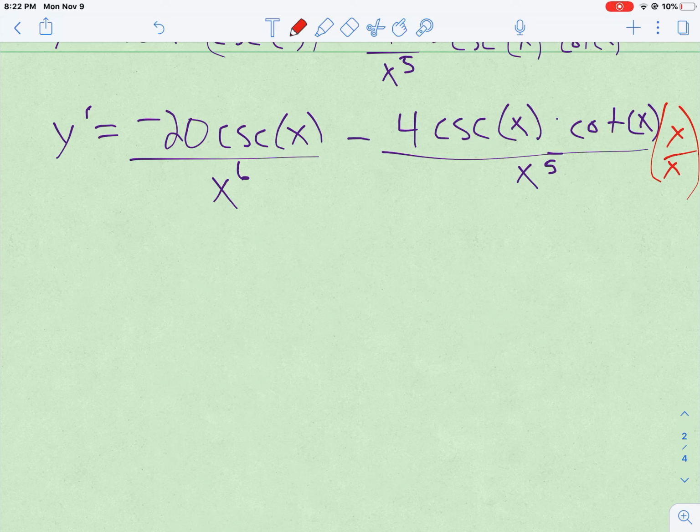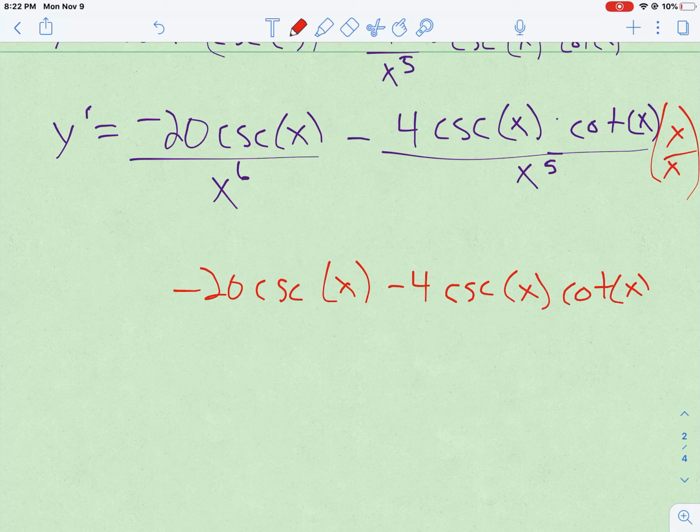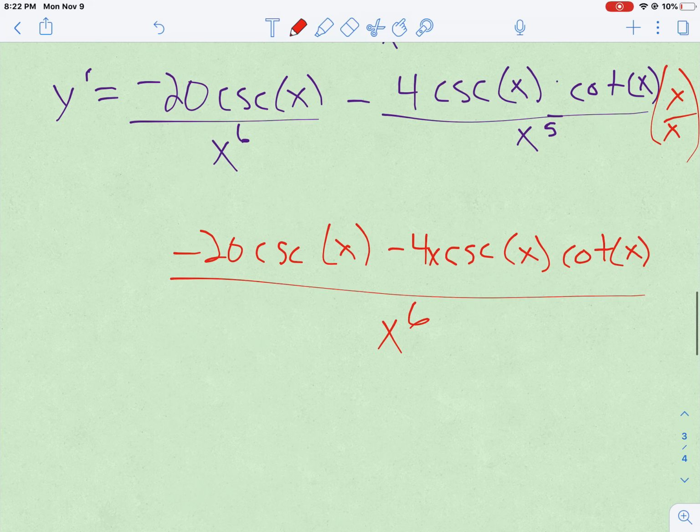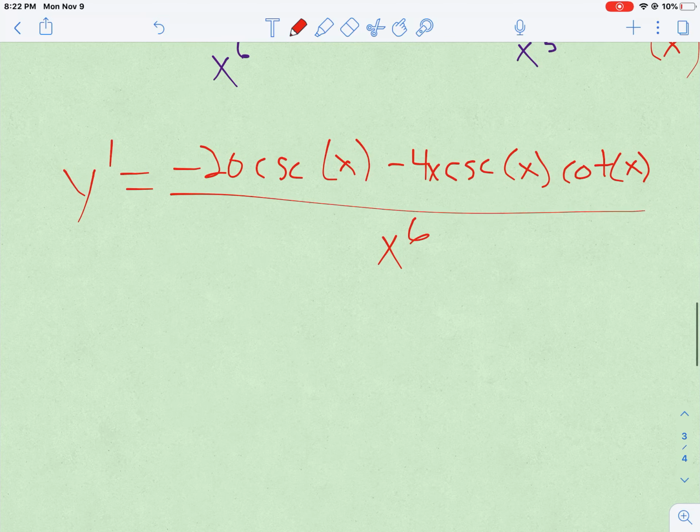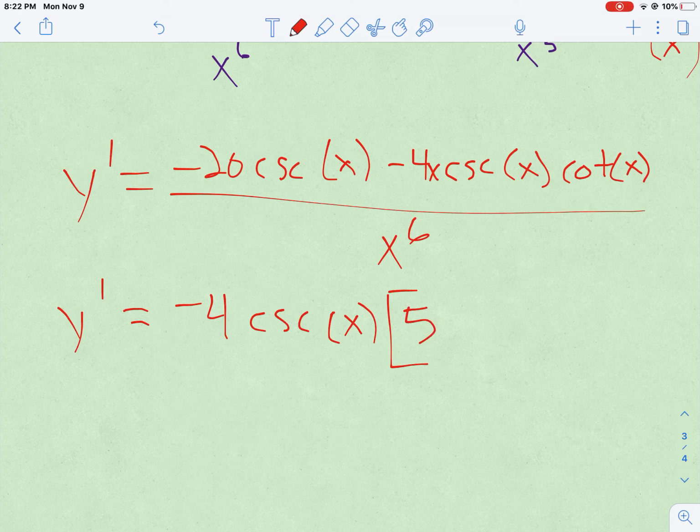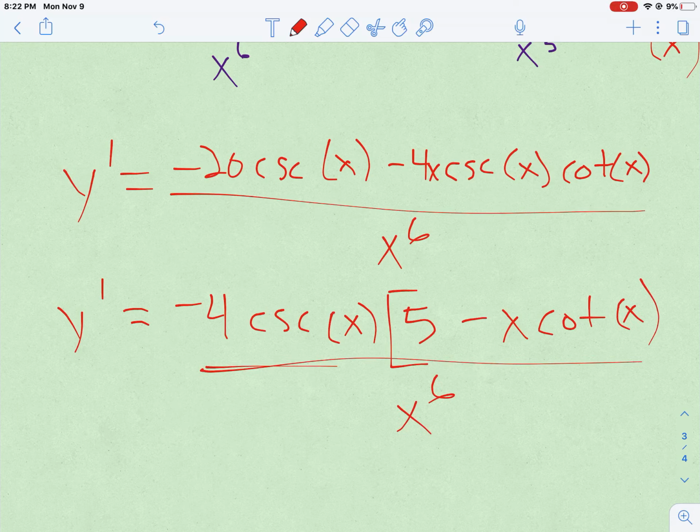If you multiply this by x over x, you'd get negative 20 cosecant of x minus 4 cosecant of x cotangent of x, for x, I should say, all over x to the 6th. Okay? And then you could even go farther, right? You could take out negative 4 cosecant of x, and then you're left with 5 minus x cotangent of x all over x to the 6th.